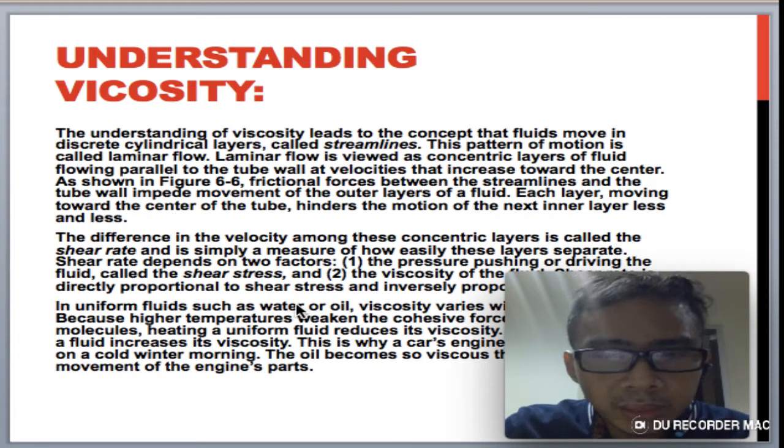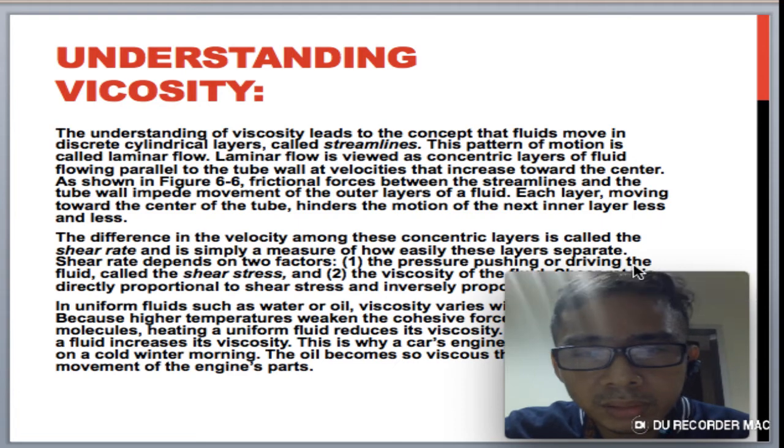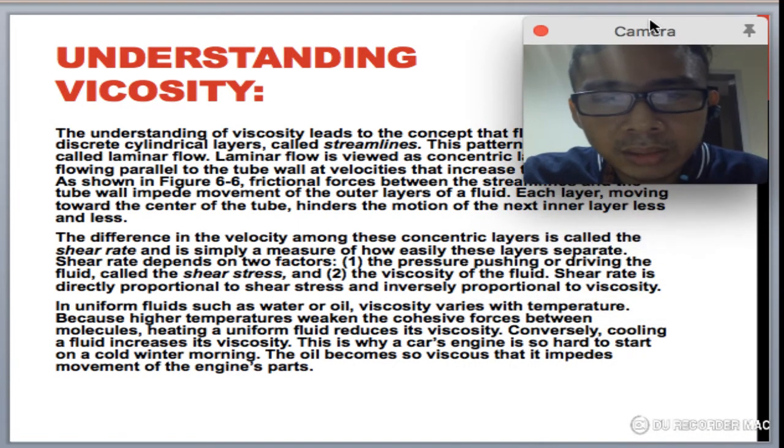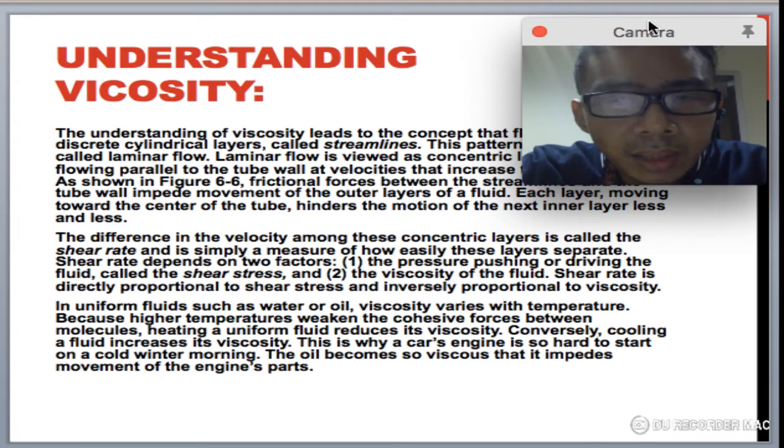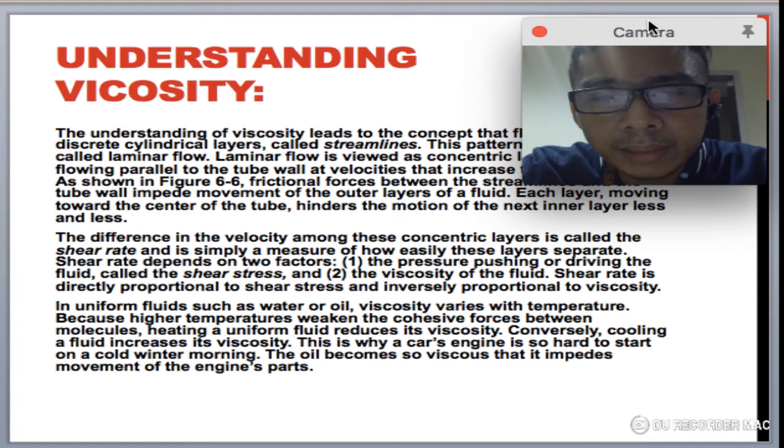So the difference in velocity among these concentric layers is called the shear rate. Shear rate is simply a measure of how easily these layers separate. Shear rate depends on two factors. One, the pressure pushing or driving the fluid, called shear stress.